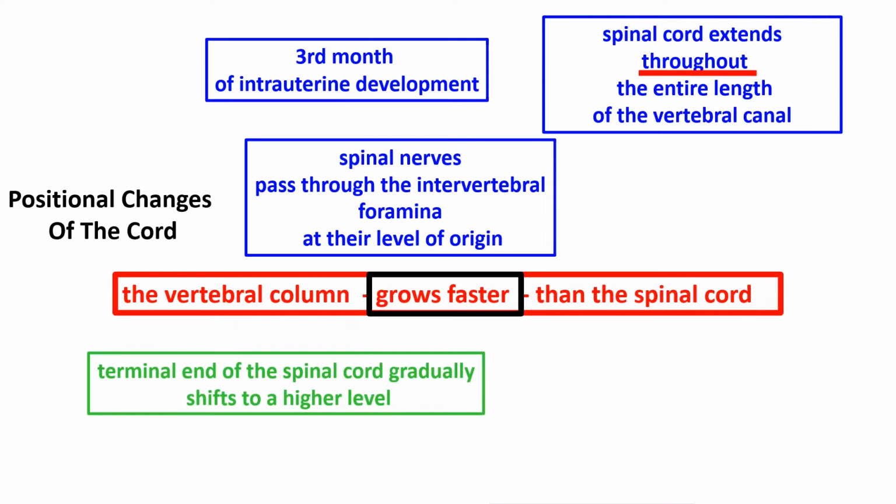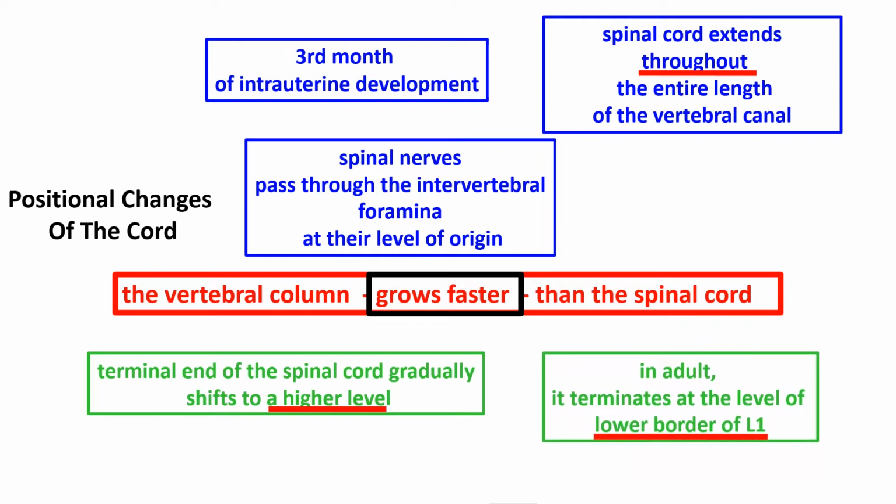Therefore, the terminal end of the spinal cord gradually shifts higher up, but the vertebral column continues growing down, and in the adult we get this position. In very young children, it is not at the level of L1, L2. It is lower down, and that is important when we want to take a sample of the CSF fluid.